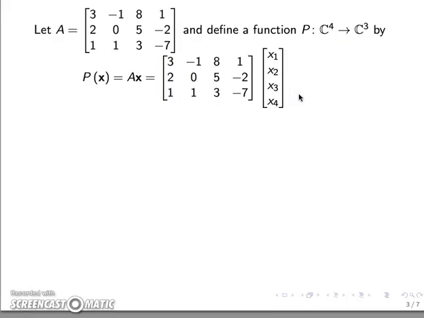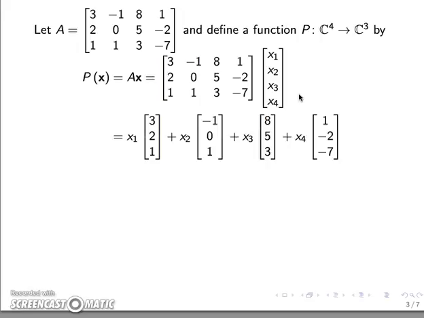And so specifically, we have this matrix product where the entries of x are denoted here by x1, x2, x3, and x4. By following the definition of matrix vector multiplication, the product of this matrix times this vector is no other thing than a linear combination of the columns of the matrix.